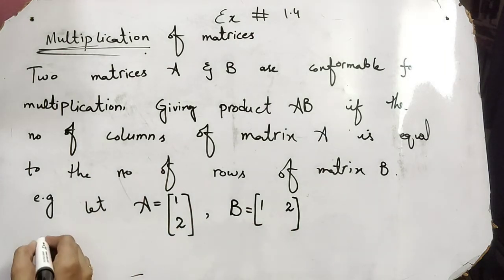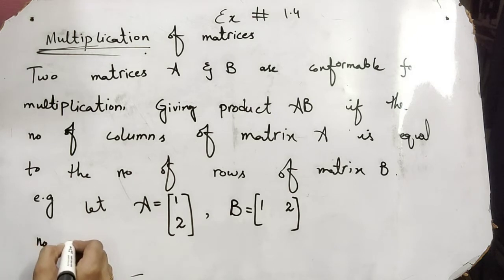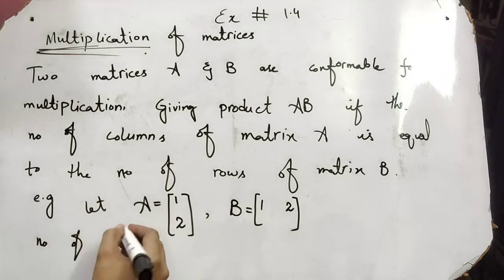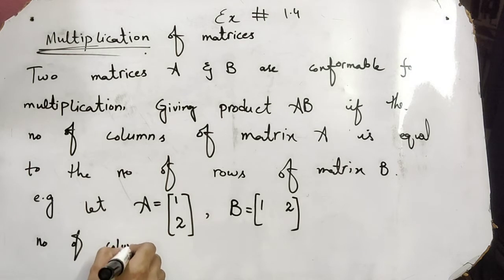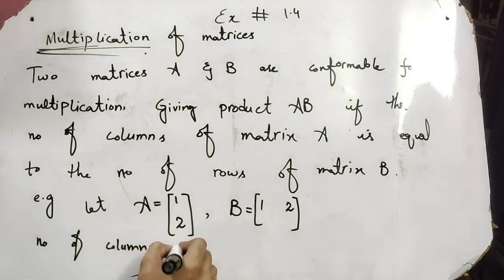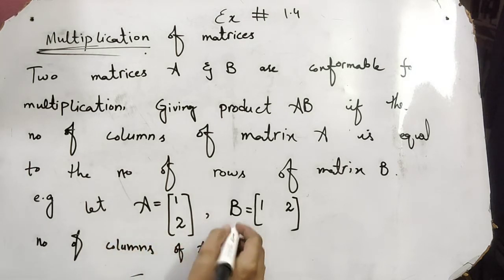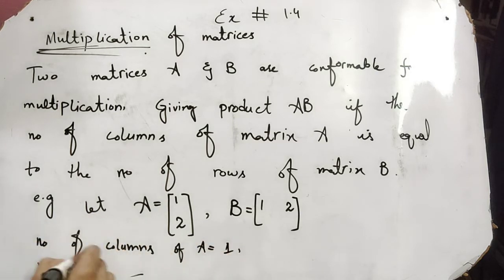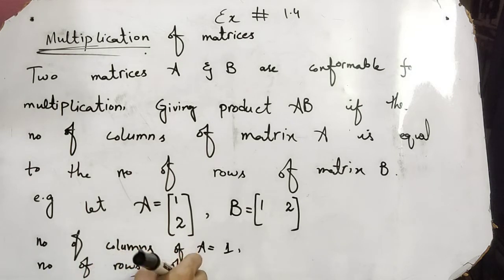So the number of columns of A is equal to 1 and the number of rows of B is equal to 1.